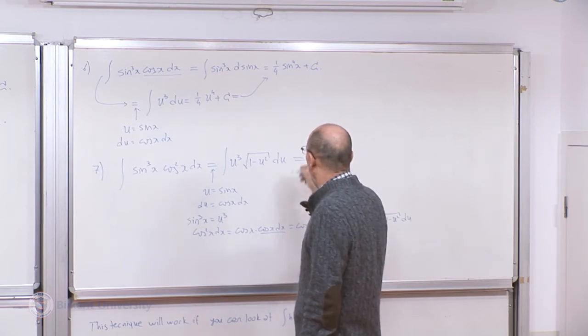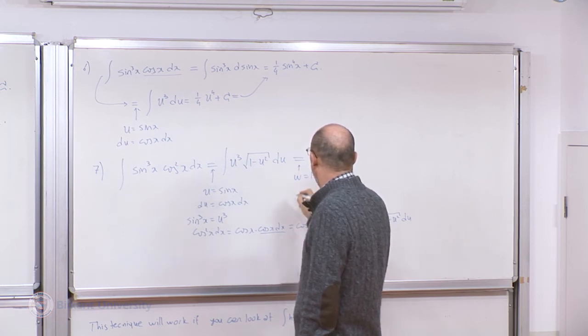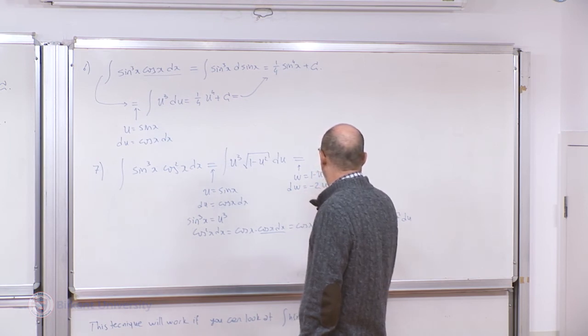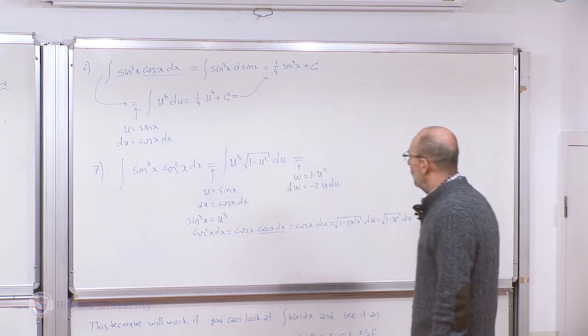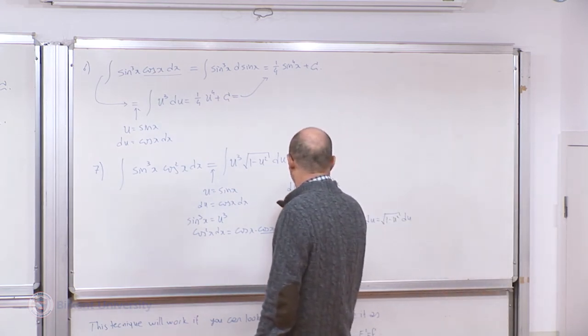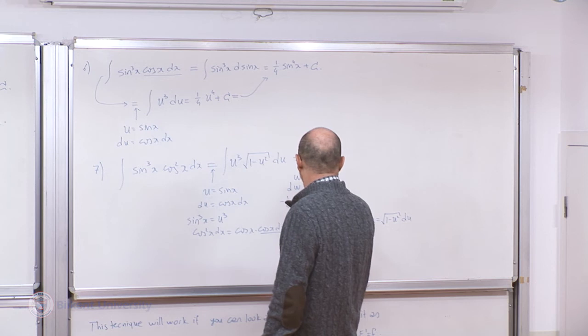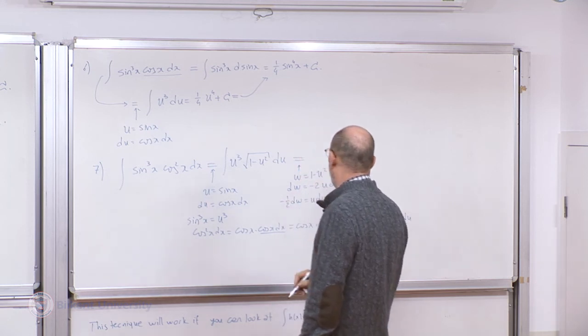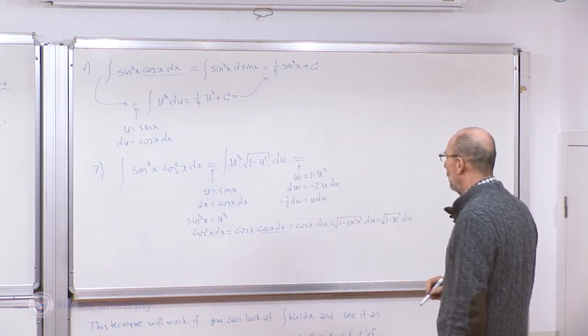Okay, let's do that. Invent a new name, w. Let w equal 1 minus u squared. dw is equal to minus 2u du. Okay, so this is minus 1 over 2 dw is equal to u du. Now I can substitute everything in terms of w.